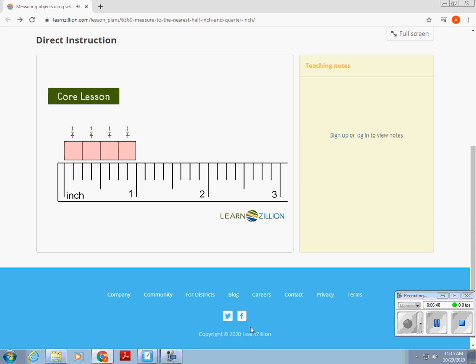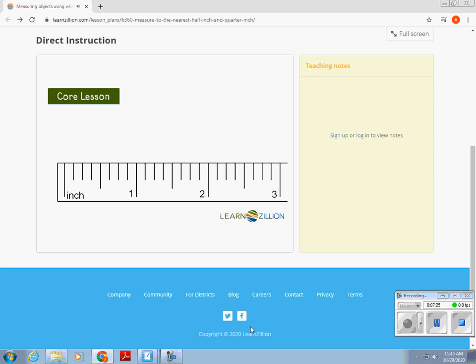If we are measuring objects equal to or less than an inch to the nearest quarter inch, the objects will either measure 1/4 of an inch, 2/4 of an inch, 3/4 of an inch, or 4/4 of an inch. Because 4/4 of an inch is really equal to 1 whole inch, we don't usually say something is 4/4 of an inch. We'd simply say 1 inch.